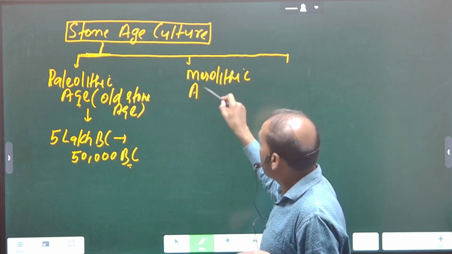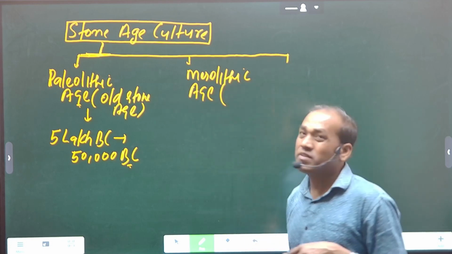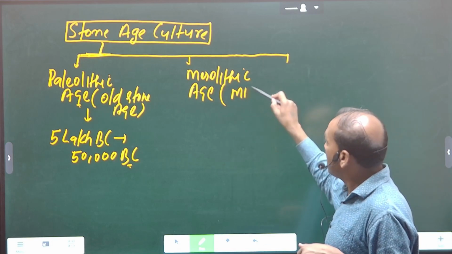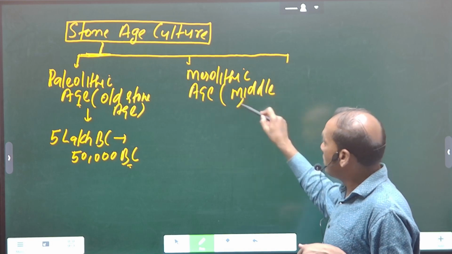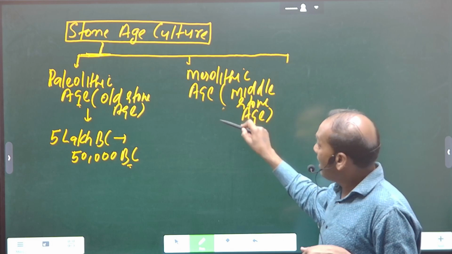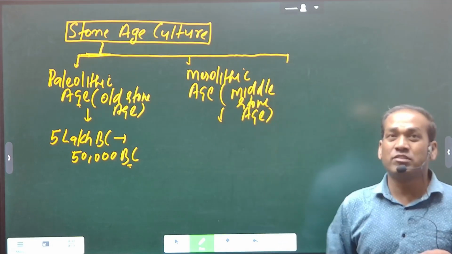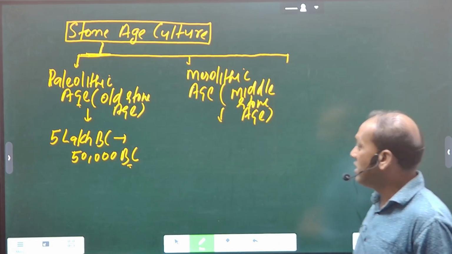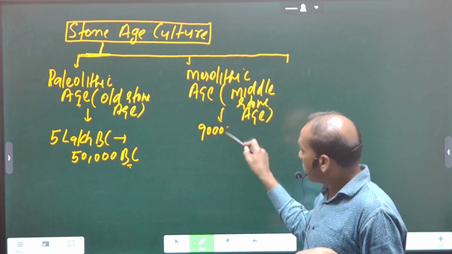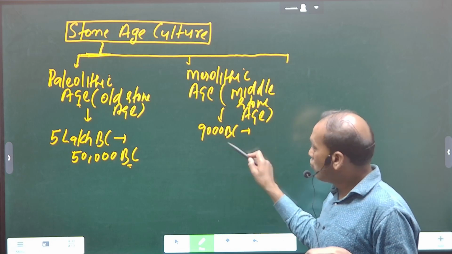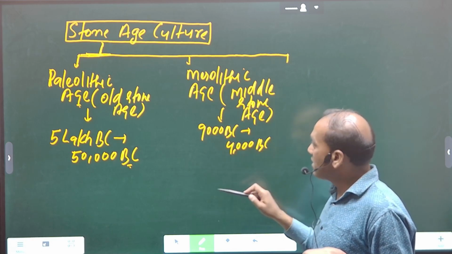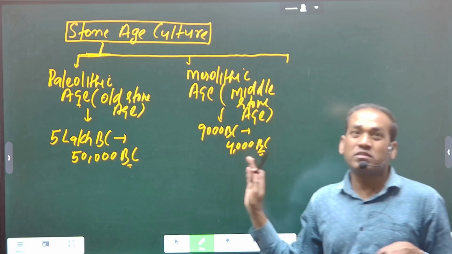Mesolithic age. In general term, you can say Middle Stone Age. And the time period given for this Mesolithic age or Middle Stone Age is 9000 BC to 4000 BC.